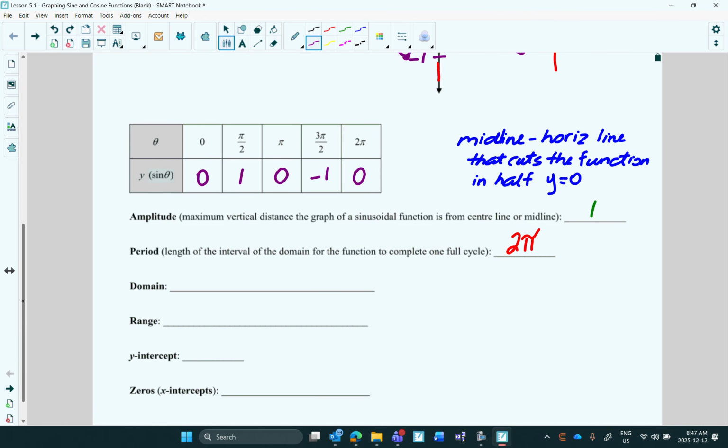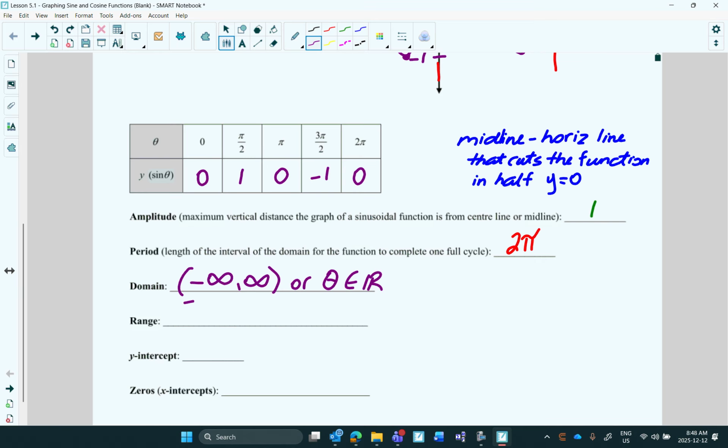Okay, domain and range. And y-intercept, pretty straightforward. What's the domain, just by looking at the graph? Yeah, negative infinity to positive infinity, or theta equals all real numbers. What's the range? -1 to 1.